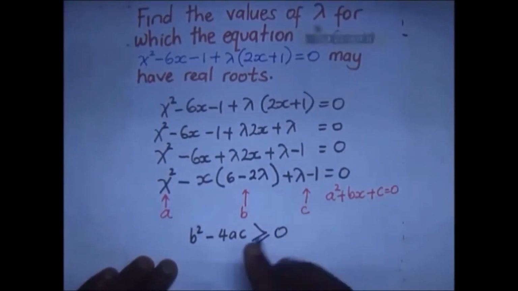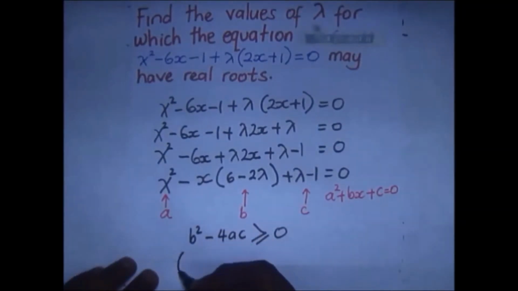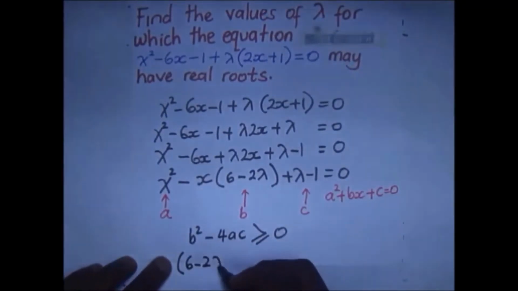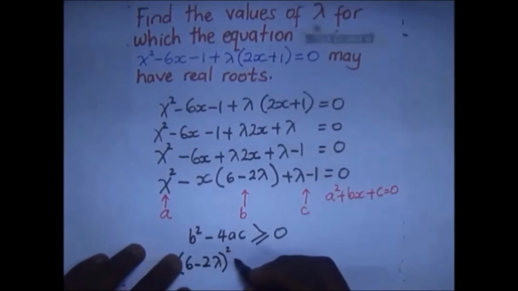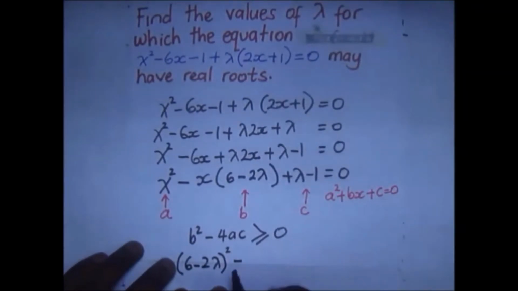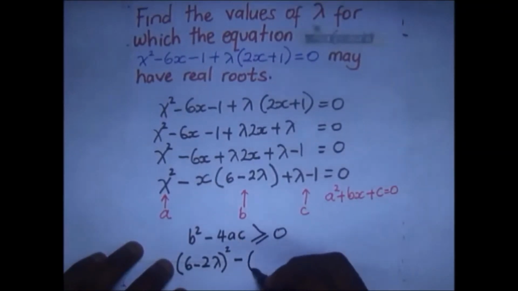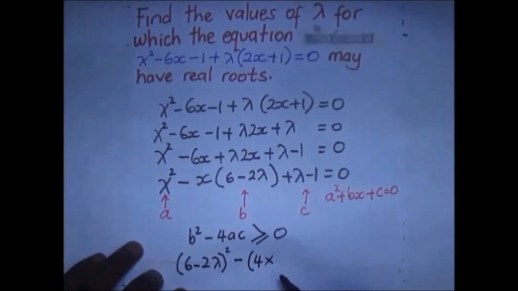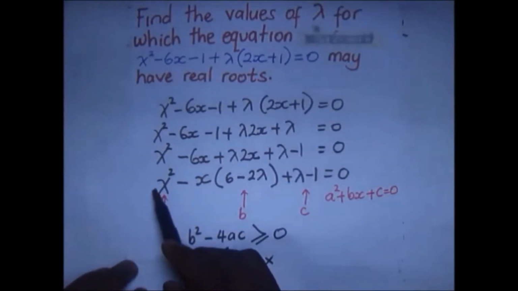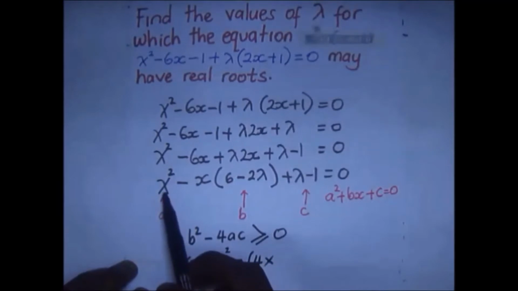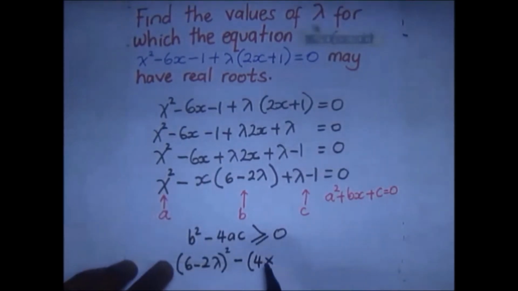So we shall go ahead and say in bracket 6 minus 2 lambda close bracket squared, subtract that from 4 times the value of a. The value of a in this case is 1. Actually it's the coefficient of x squared, which is 1, times c.